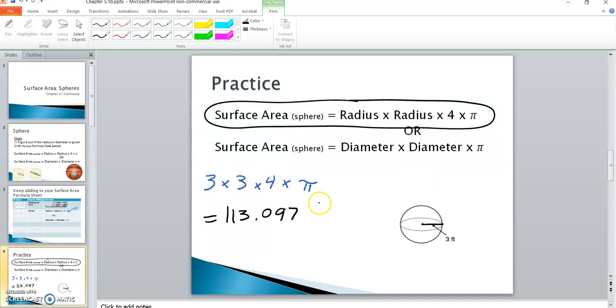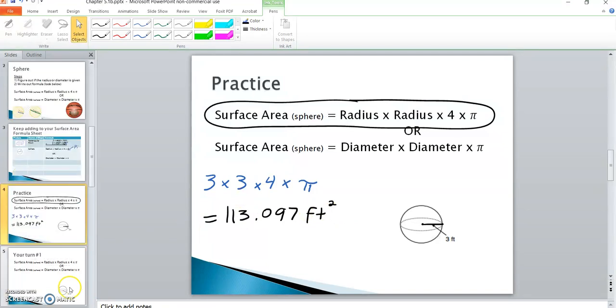So that's why it's important that you hit equals to get the final answer. Now the last step that we do is we look at the units. In this case, we have feet. And because it's surface area, we're going to put a little 2 on top. All right, let's move on to the next one.